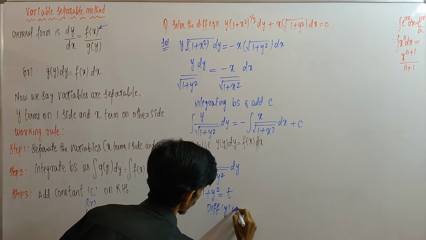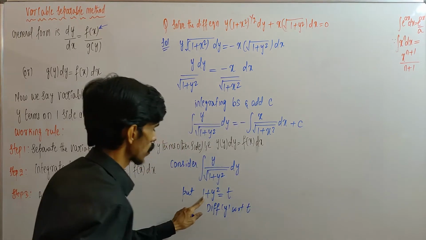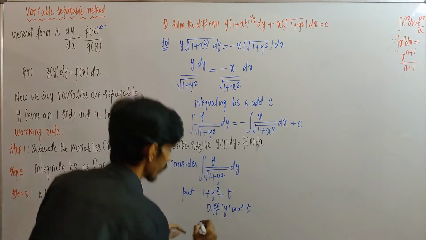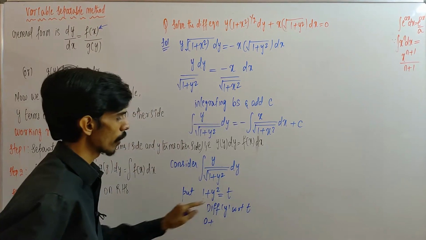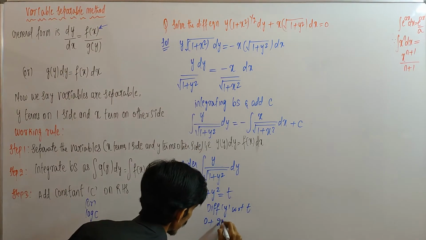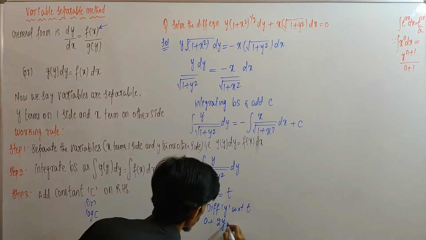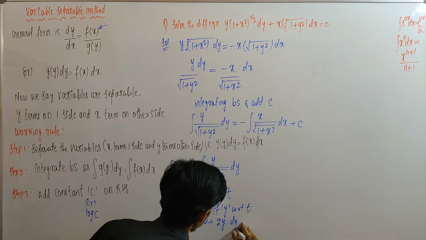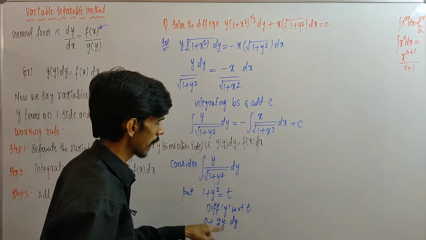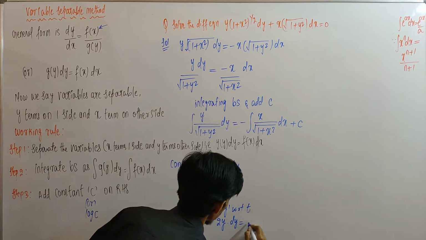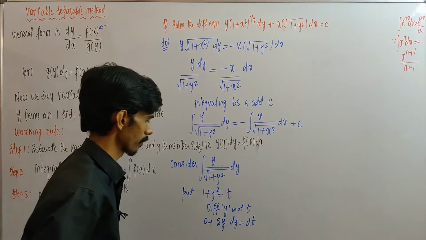So derivative of 1 is 0. Derivative of y square is 2y. Here we are differentiating with respect to y. So we will get 2y dy is equal to dt.